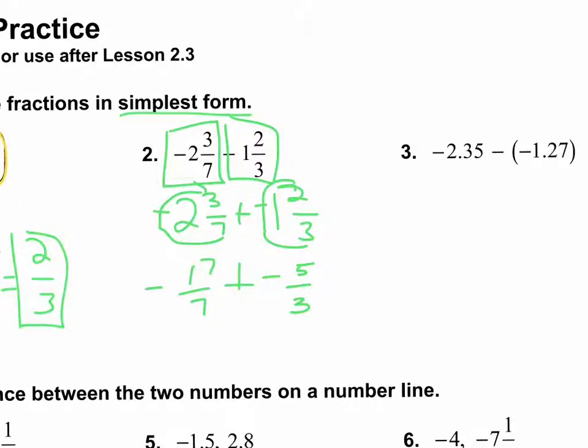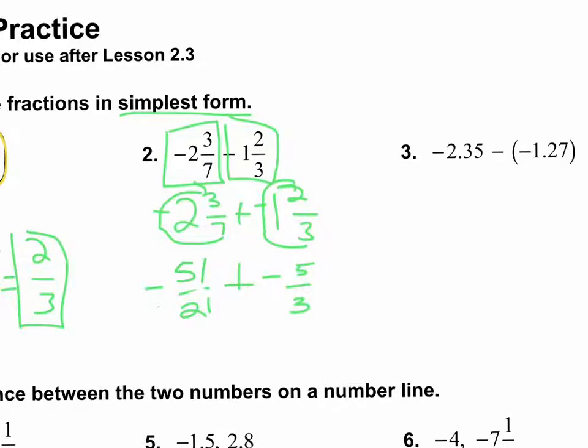So I do 7 times 3 to get 21. If I do times 3 down here, I have to do times 3 up here. So 7 times 3 is 21, and then 17 times 3 is 51.